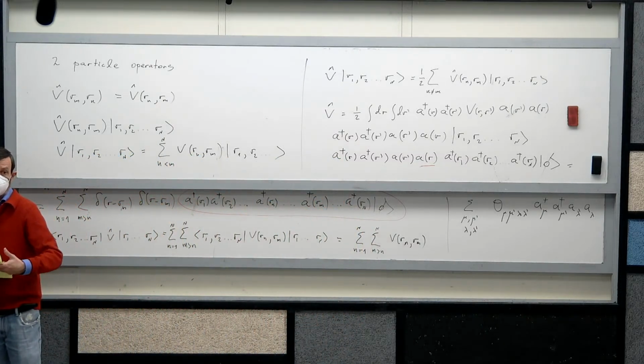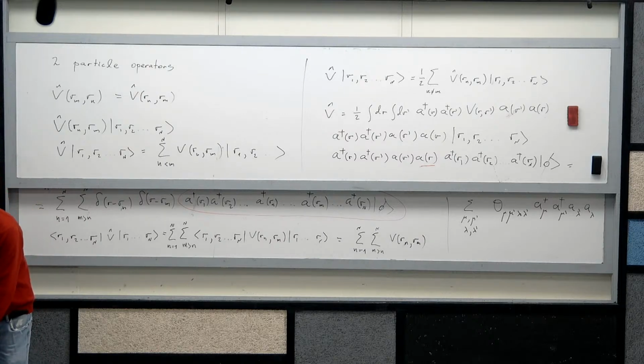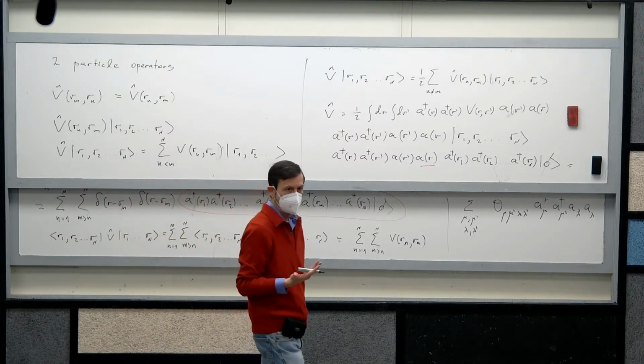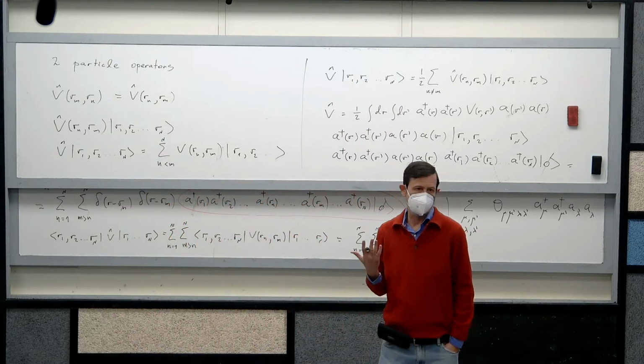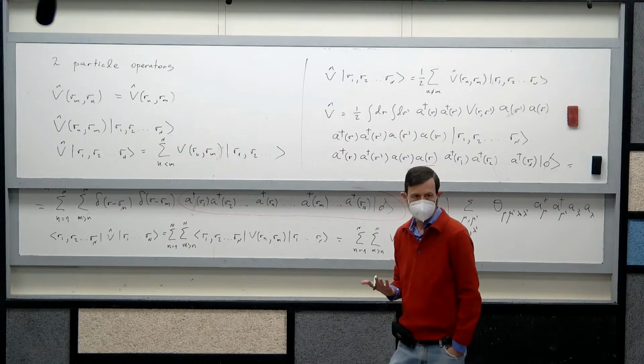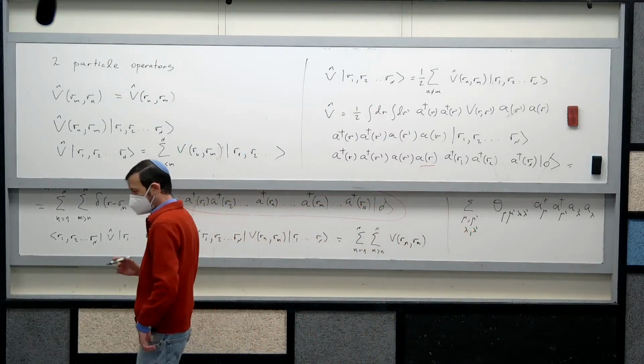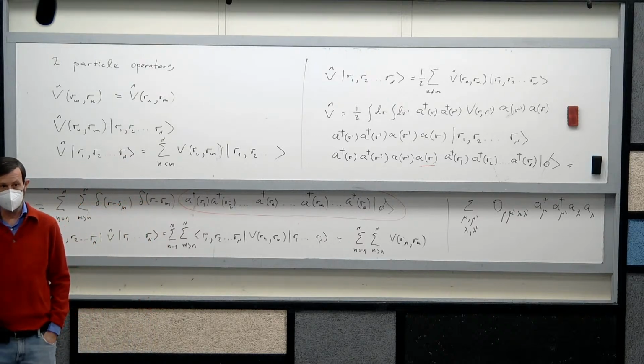Coulomb interactions between electrons. Okay, so let's write down the full Hamiltonian for a set of electrons where the single particle basis will be just the momentum basis, and see how it looks.